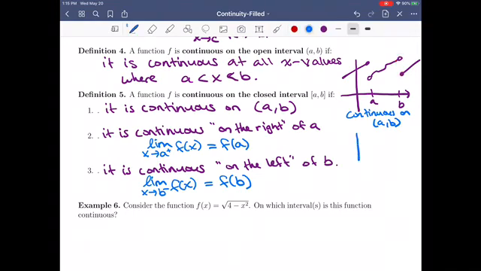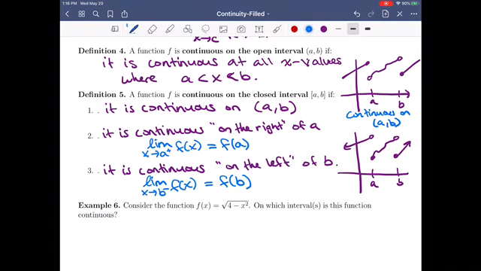If I had something, oops, I'm still in blue. If I had something like, okay, so still a and b, I'm going to do something very similar. So something like this.